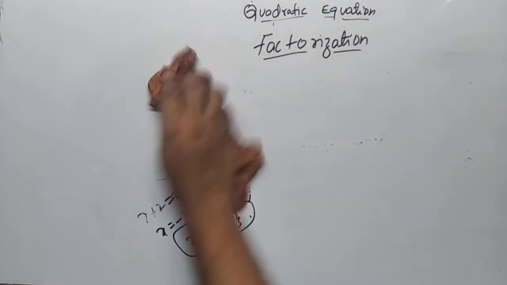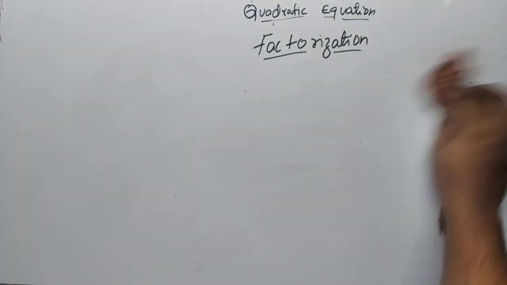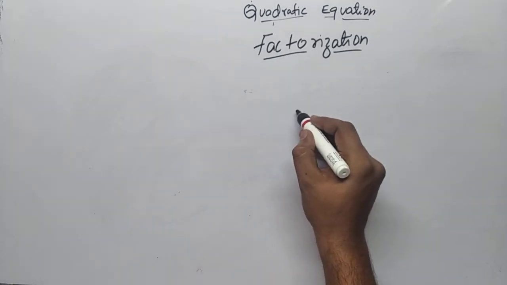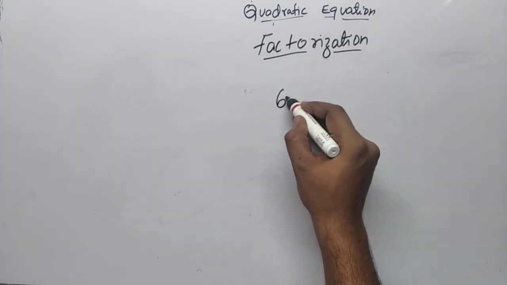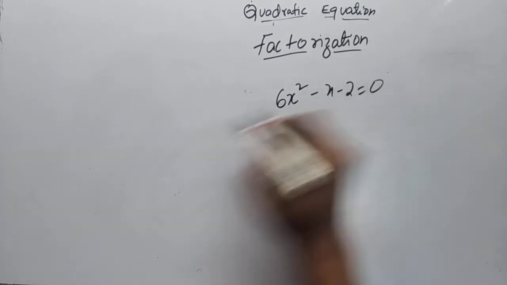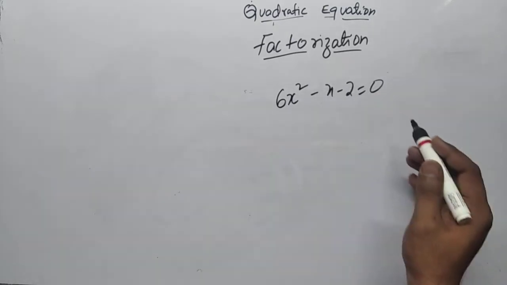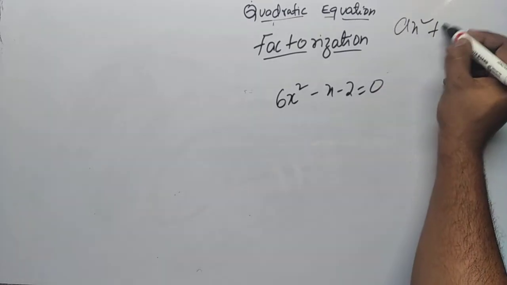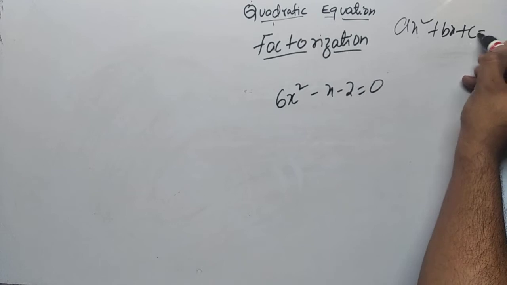I will just take another question: 6x square minus x minus 2 is equal to 0. We compare with the standard quadratic equation ax square plus bx plus c is equal to 0.